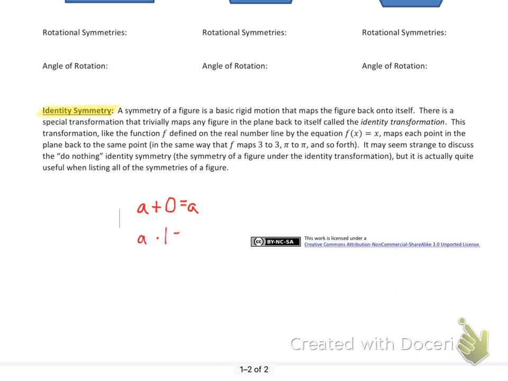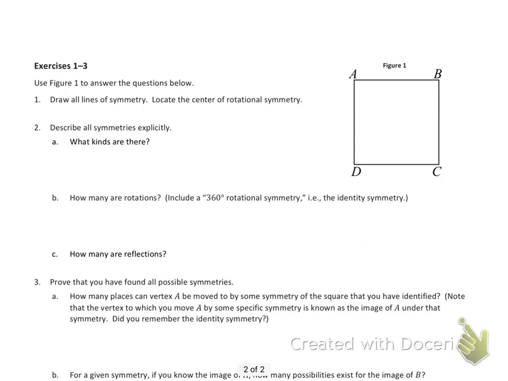A times 1 equals a. That's the identity property of multiplication. It's basic ideas that we build math off of, but for our purposes, it doesn't really matter a whole lot. It's a very basic idea that rotating 360 degrees gives you the exact same figure. So you need to just be aware that that's a symmetry that we have.